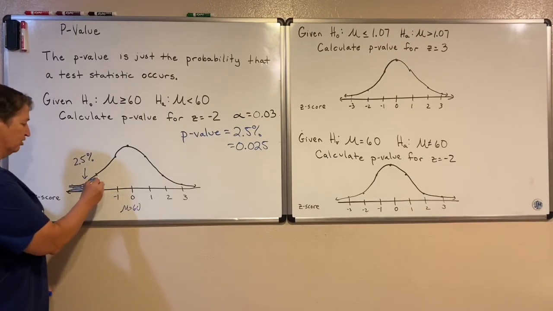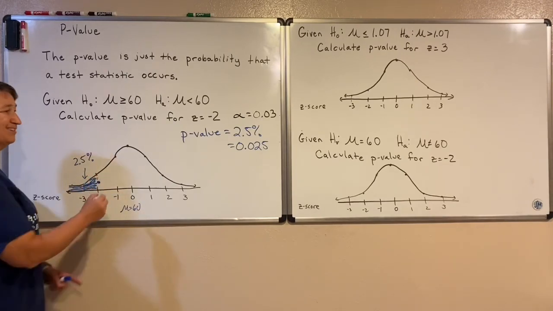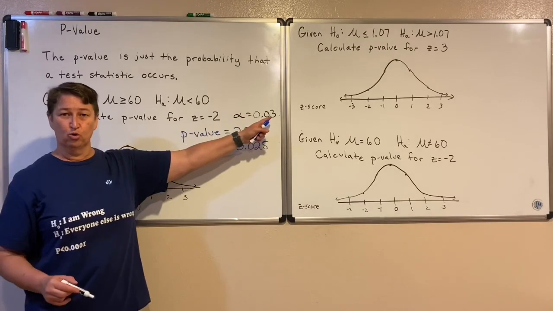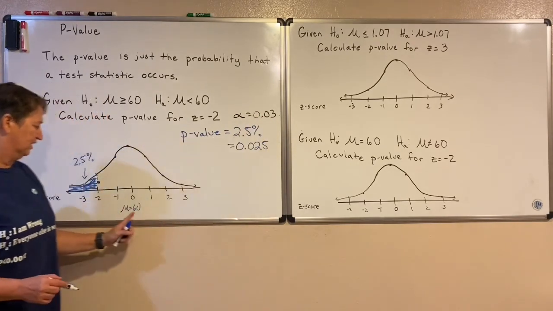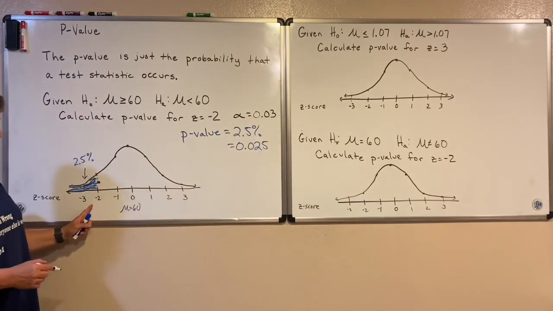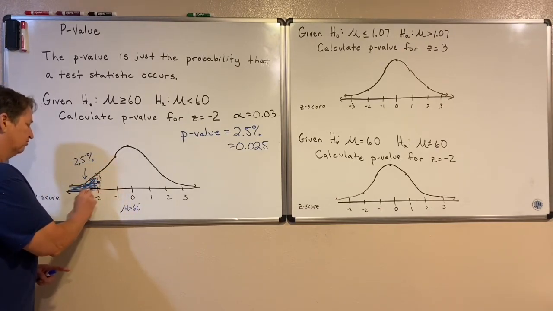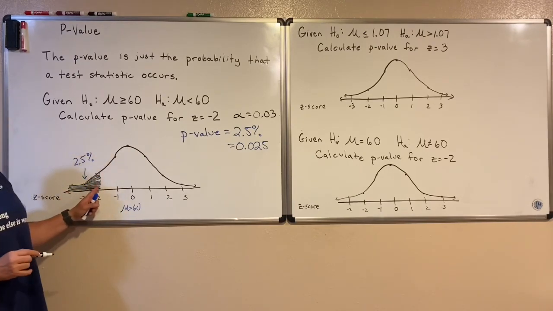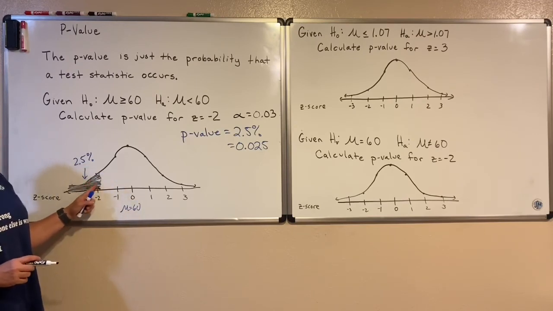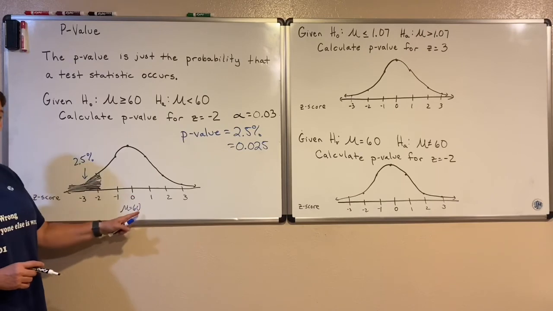Well, if my rejection region was there, that doesn't fit nicely on the empirical rule, but it's somewhere in between the first standard deviation and the second standard deviation. So, somewhere right in here. So if my rejection region is from there out, look, my test statistic does fall in that rejection region. So in that case, I would reject the null.